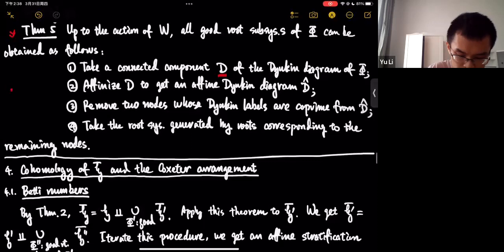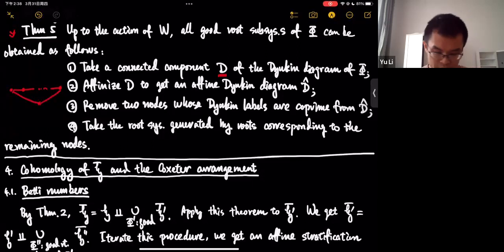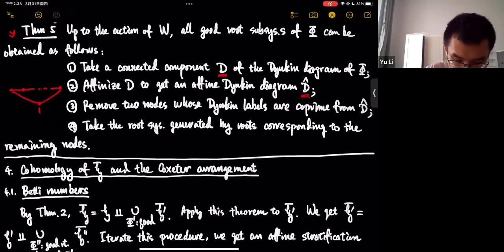For example, if D is of type A, then its affinization looks like this. So this is my D hat. In this affine Dynkin diagram, each node has its Dynkin label. I'll always label the affine node with 1, and all the other Dynkin labels are just the coefficients of the corresponding simple roots in the highest root.